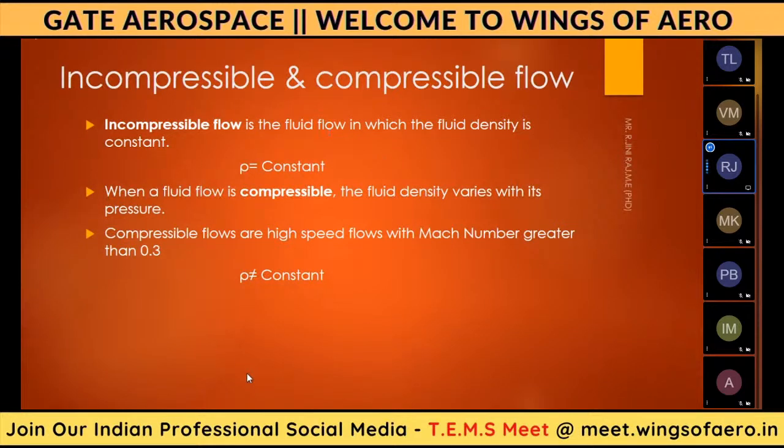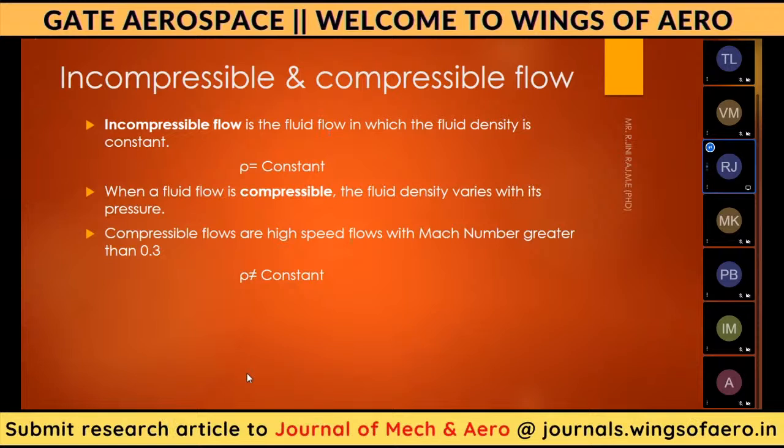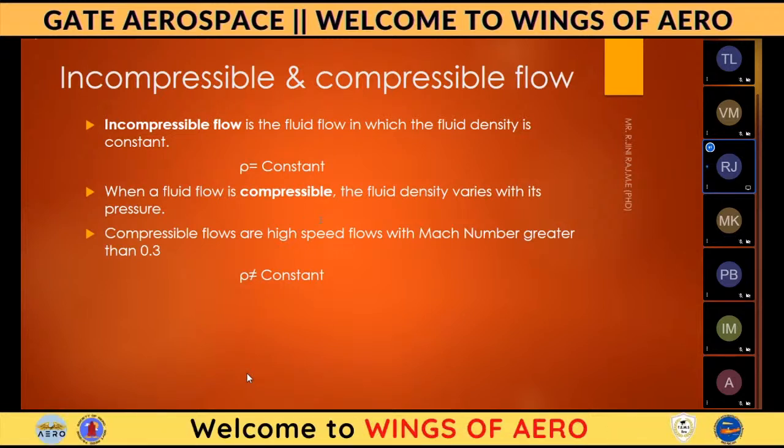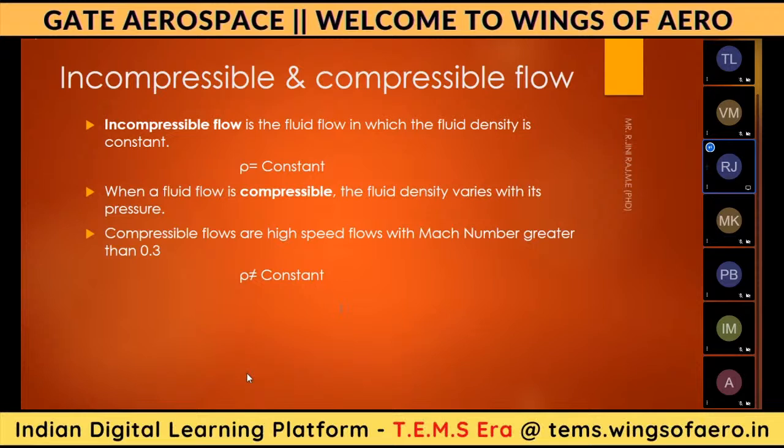But we all know about incompressible flows. Incompressible flows are flows in which the fluid density is constant. So throughout the flow, if the fluid density is constant, it is called incompressible flow. And if the density varies, it is called compressible flow.